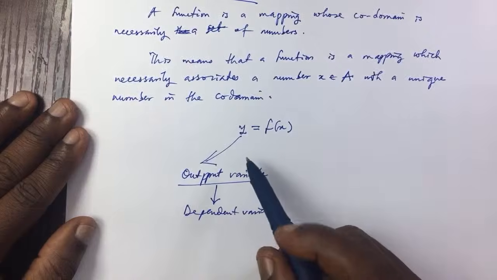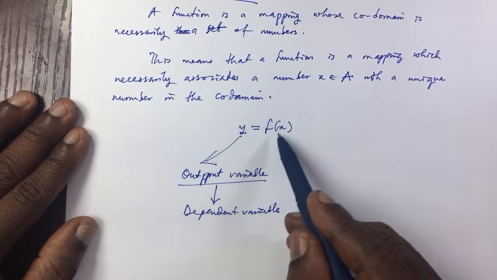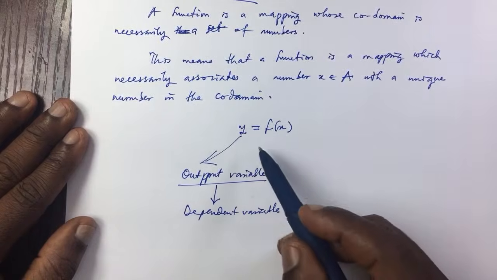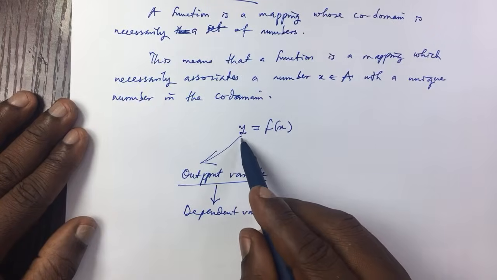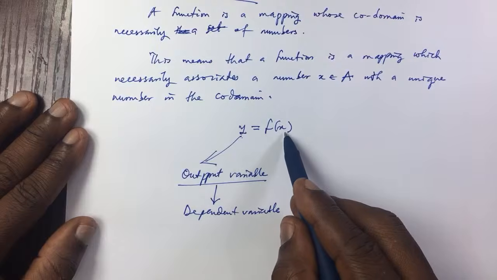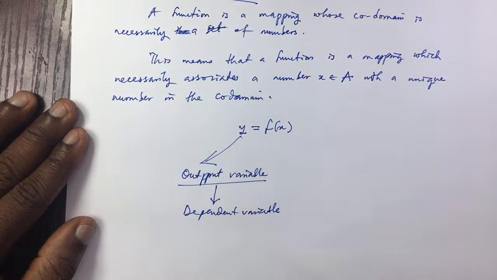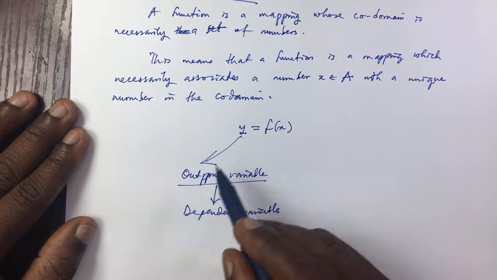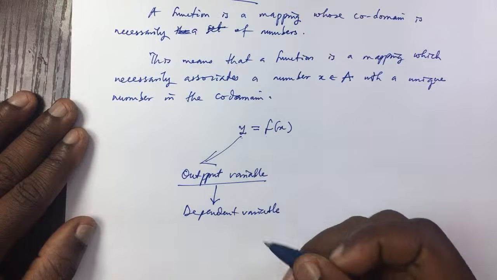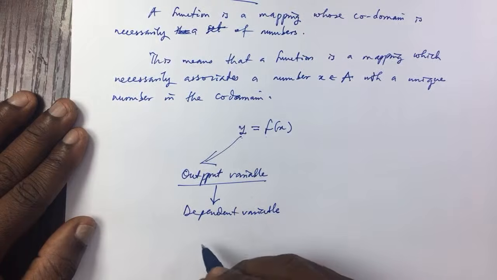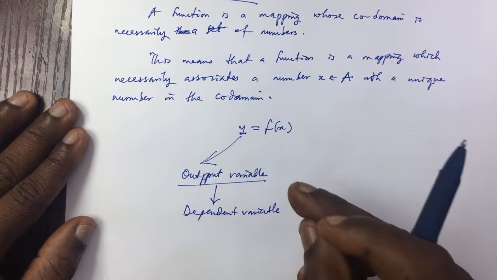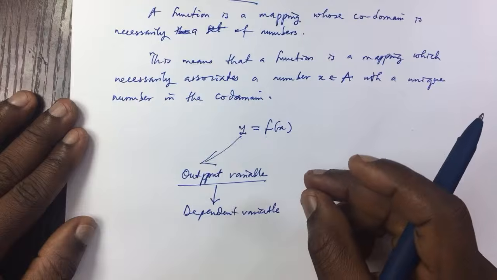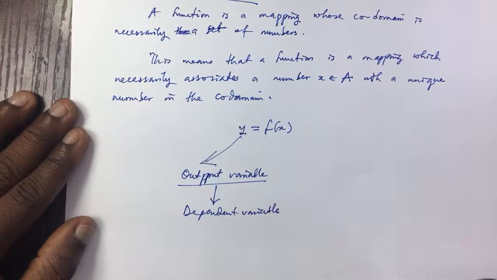Okay? So we usually would use y equals f of x to represent y as a function of x. That means that y depends on x through f for its value. For that reason, y is called an output variable and specifically called a dependent variable. Why is it called a dependent variable? It is because it needs a value of x to determine what its value will be.